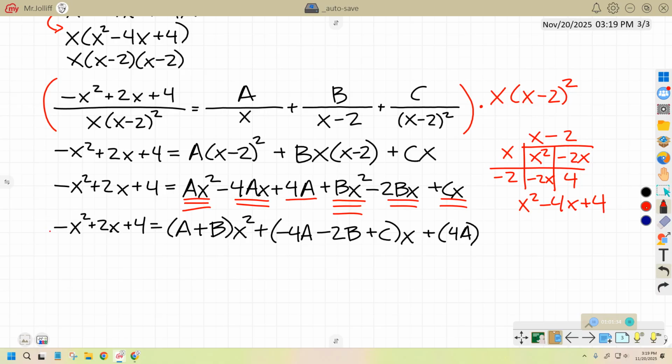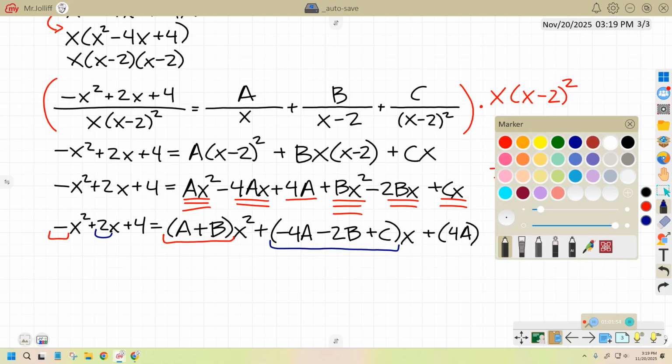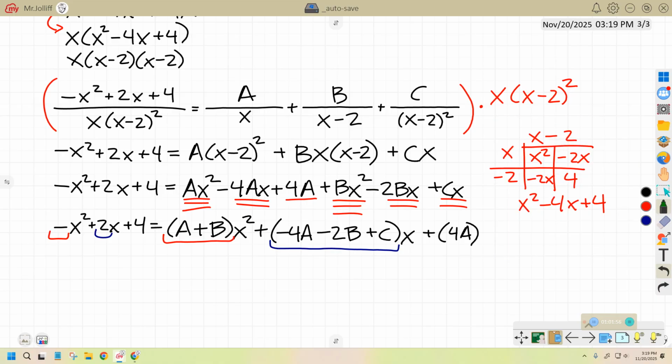So -1 should match a plus b, because those are both the x squared coefficients. +2 should equal -4a minus 2b plus c, because those are both the x coefficients. +4 should be equal to 4a, because those are the only constants on either side.